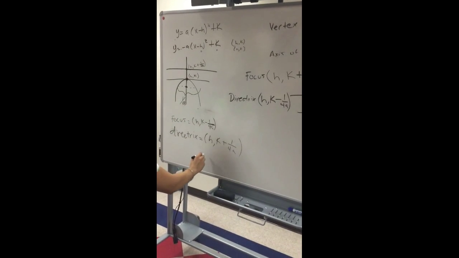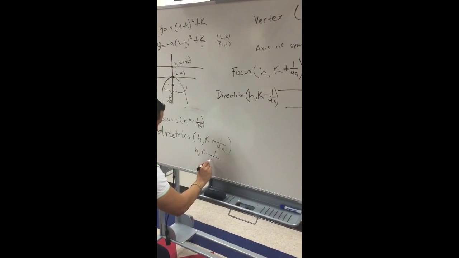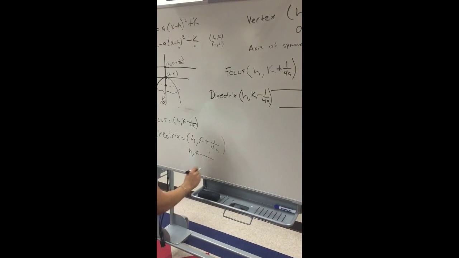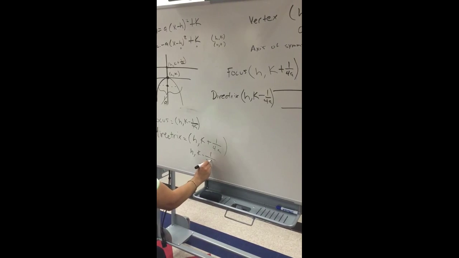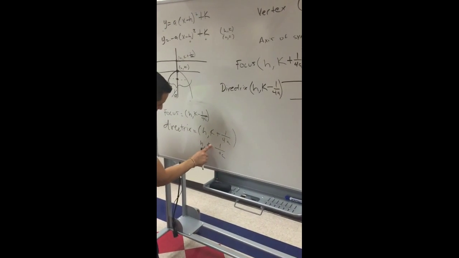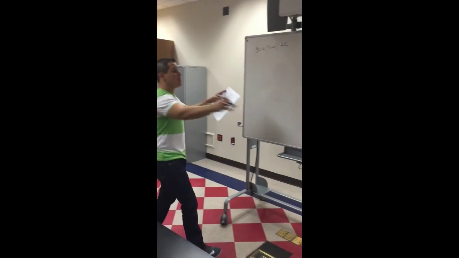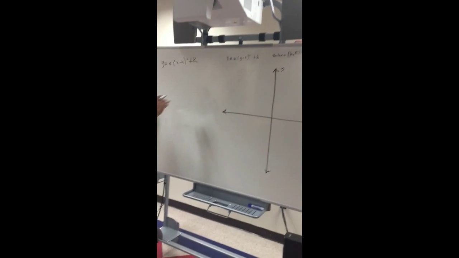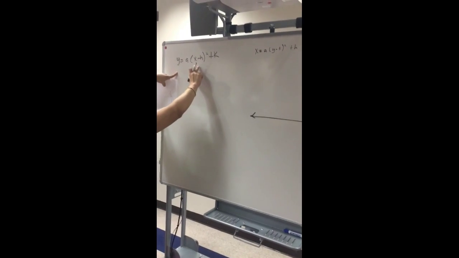And for this one it's h, k minus 1 over negative 4a, because it's negative, so you delete them and it's going to be positive.